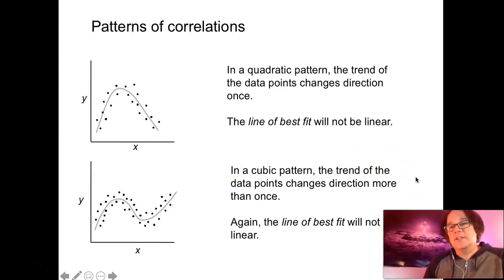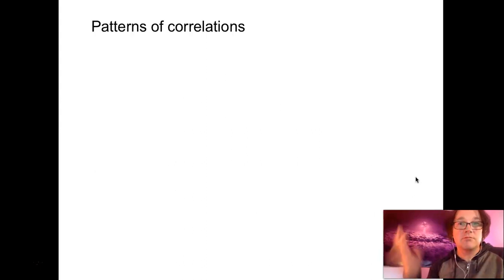Again, the whole point of this is to show that the line of best fit in this case is not linear. So examining linear patterns or using linear regression, which is what we'll be doing in this class, is not suitable for all types of data, or to examine all types of relationships between variables.